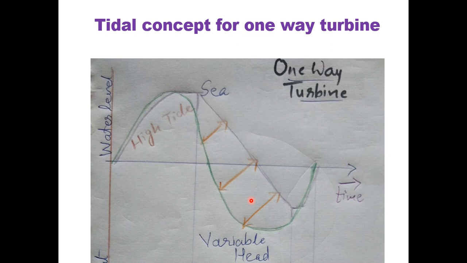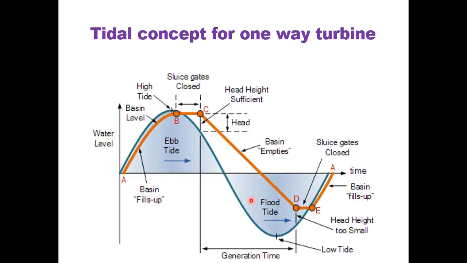So what happens actually with the sea? During the initial high tide the basin level will start filling up. When the basin level reaches the maximum water level, the gates are to be closed. When we get sufficient head to generate electrical power, the basin will start to empty, and this time is known as the generation time.